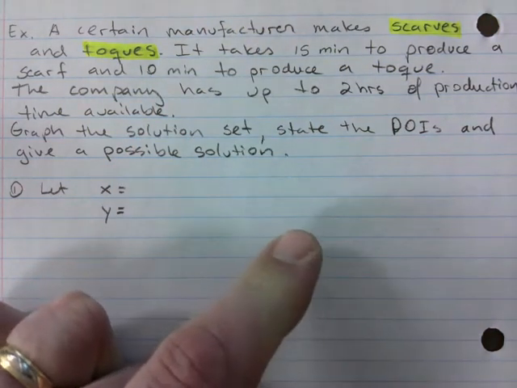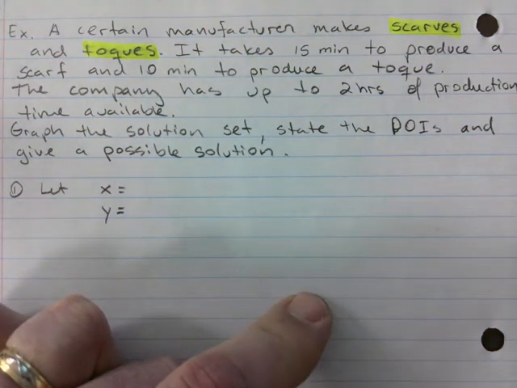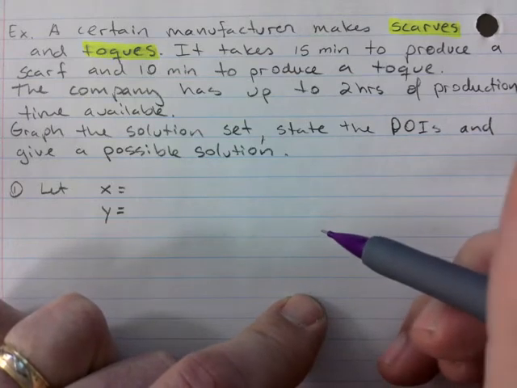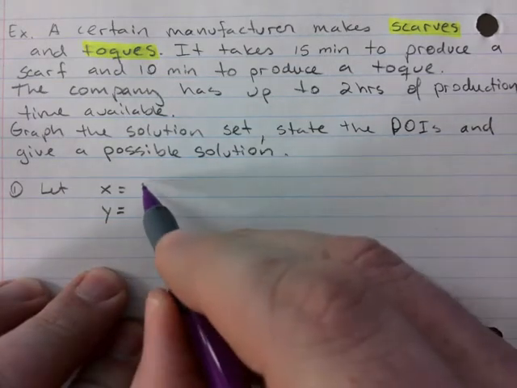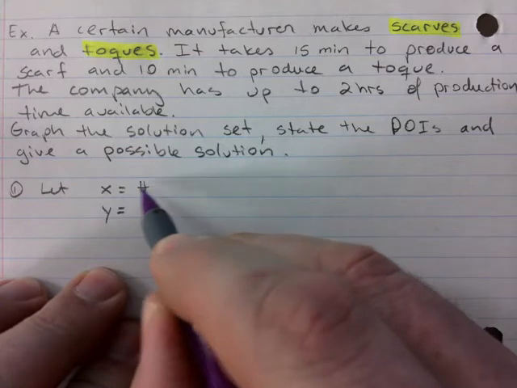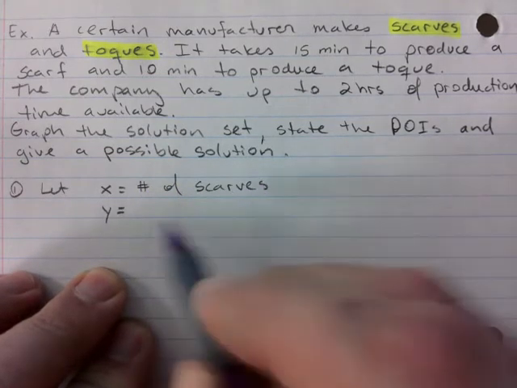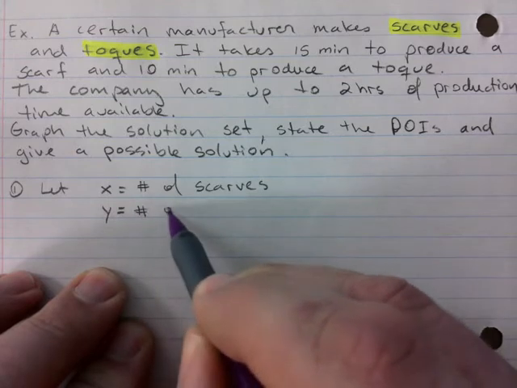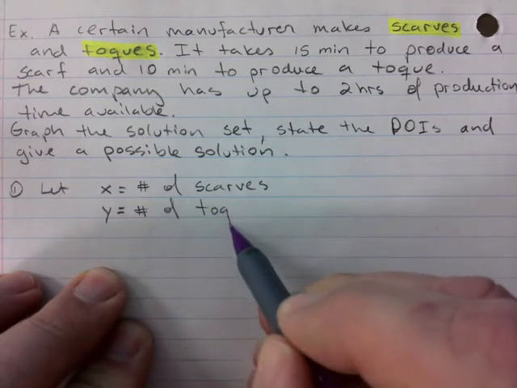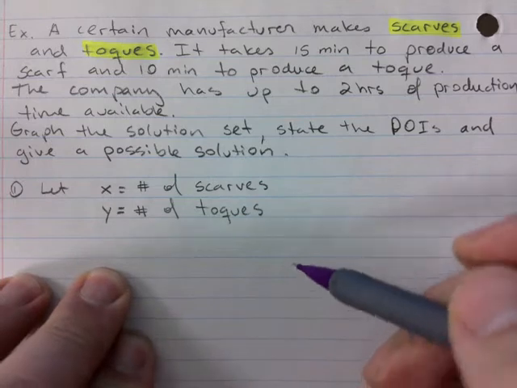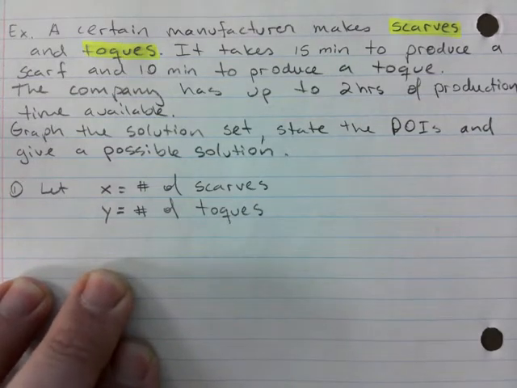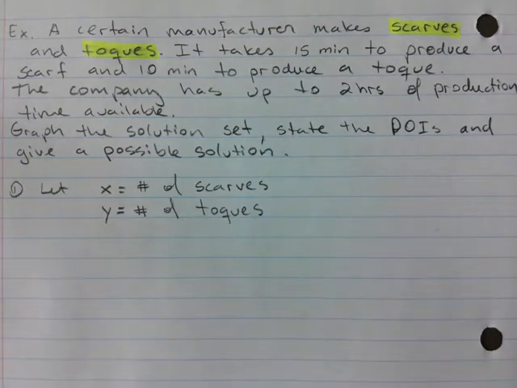And I usually let the first thing be X and the second thing be Y. So in this case, we can say X is the number of scarves, and Y would be the number of toques. Okay.